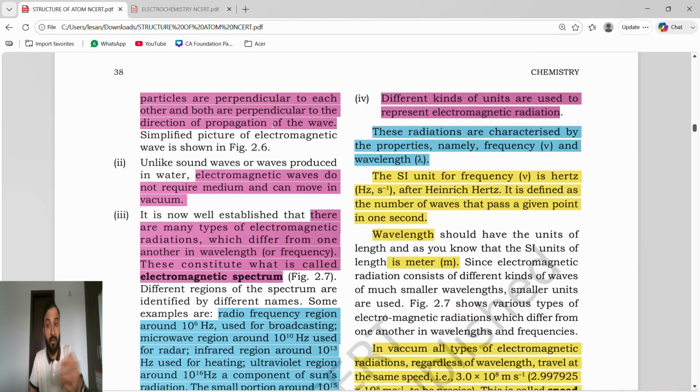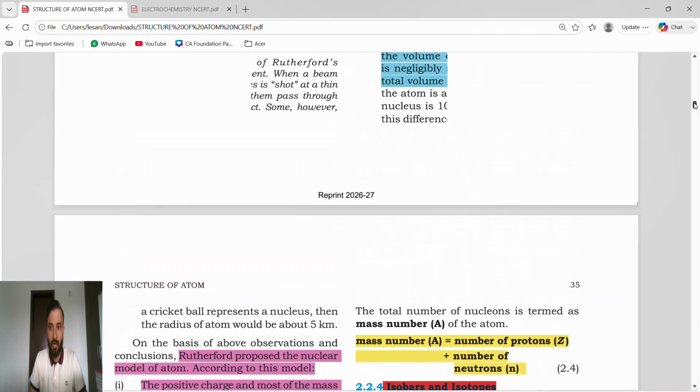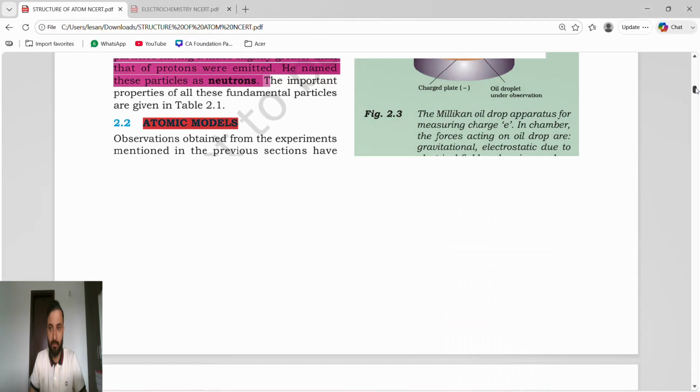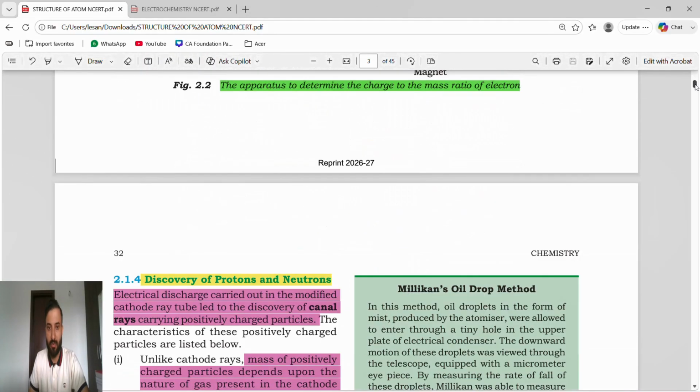Because this we already studied here. See here, electrical field and magnetic field have to be perpendicular to each other, and they have to be perpendicular to these particles. Correct, we already studied the same thing they said here.